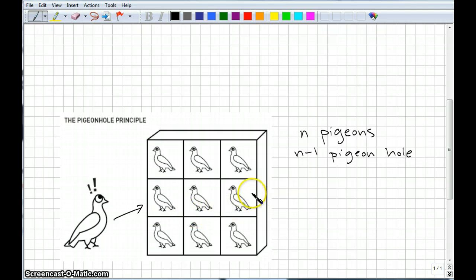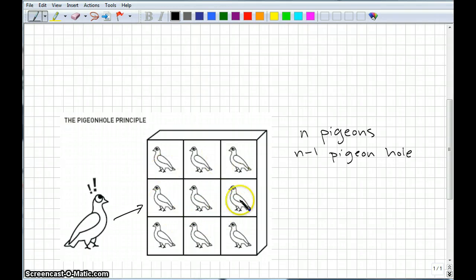So what the pigeonhole principle says is that if you have n pigeons and n minus 1 pigeonholes, then one of the pigeonholes is going to have to contain more than one pigeon.